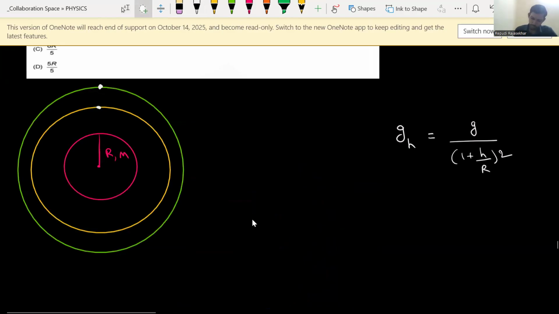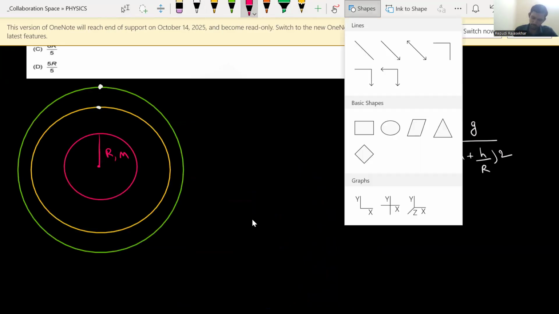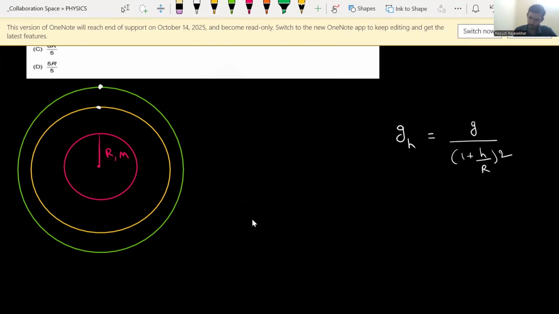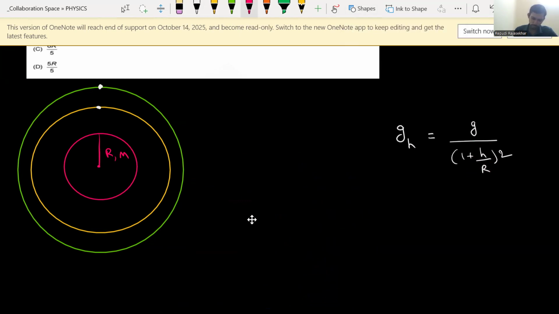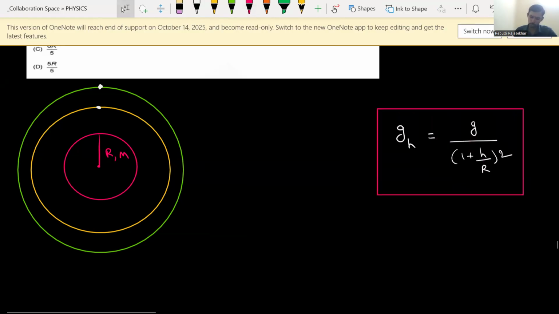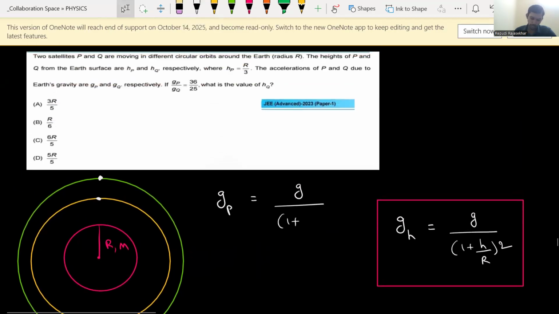Now I apply this formula to the given conditions. Gravity at a certain height for planet P; for planet Q they have given. Let us take gravity for planet P equals g divided by 1 plus, what is the height of the planet they mention here?